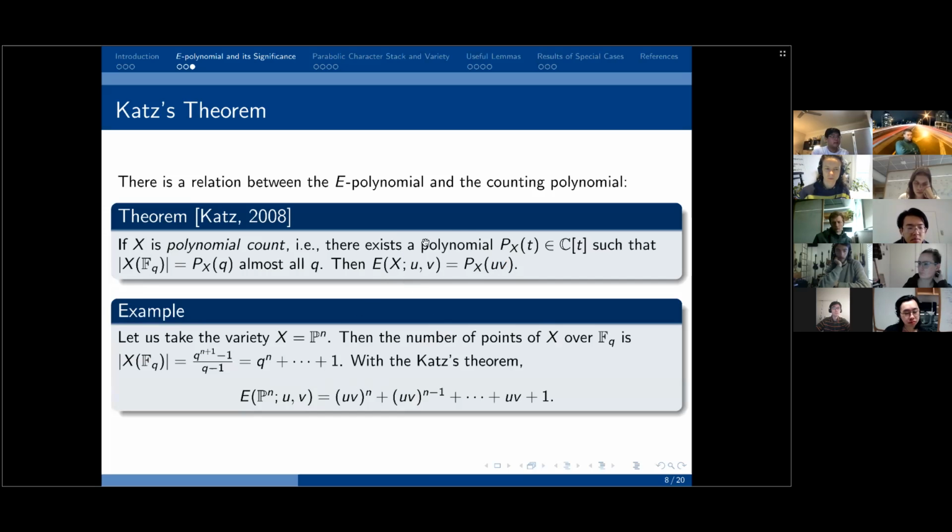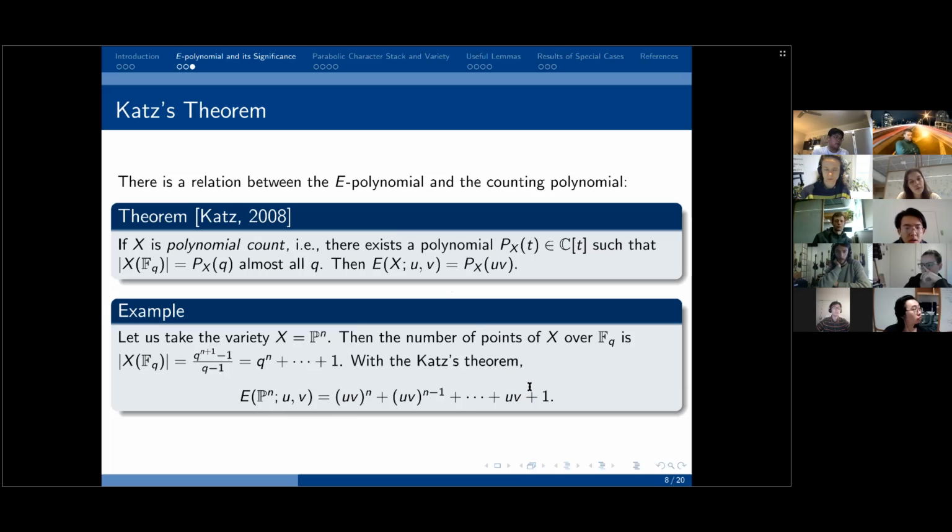And then the Katz theorem says that if we replace q with u times v, then you can get this result. And you can see that this is the same as the previous result in the previous slide. So this is an example of the Katz theorem.